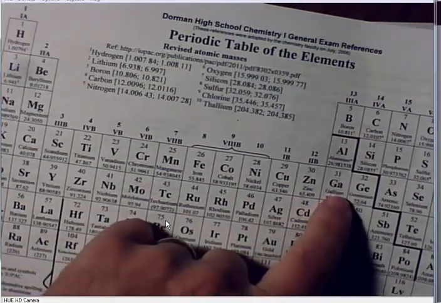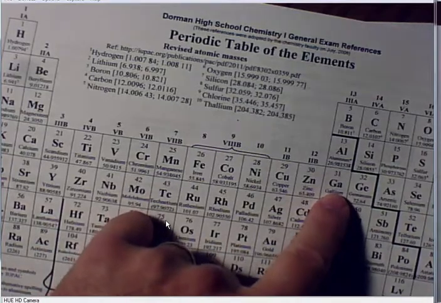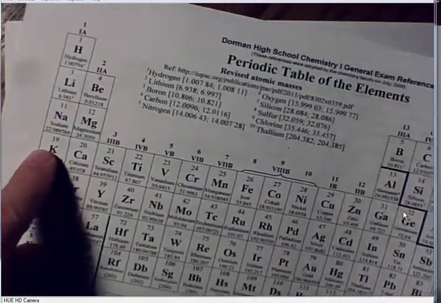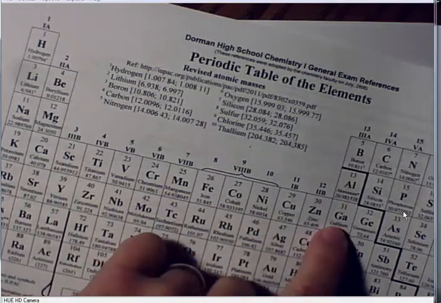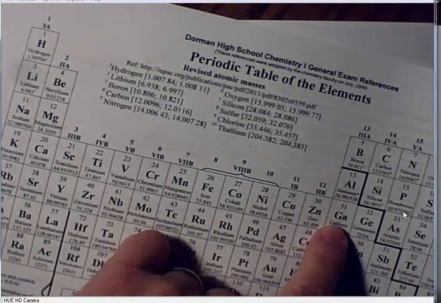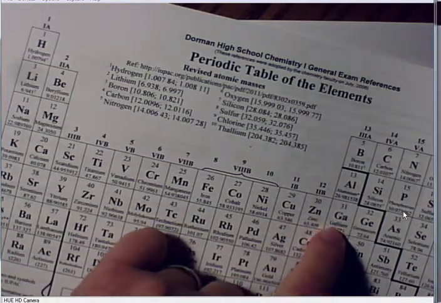We'll turn this sideways and do it this way because that gives us some more space. Okay. So gallium is right here, and it's in the 4th row of the periodic table, and it's in the P sublevel region over here.